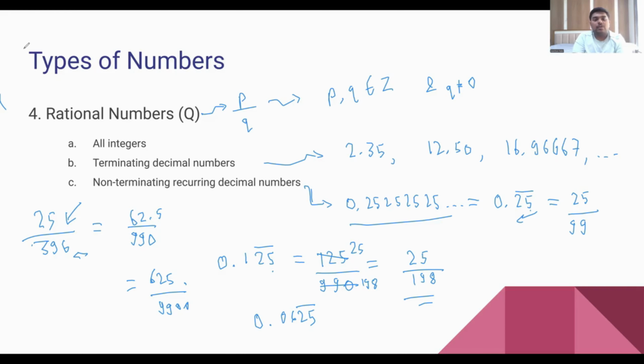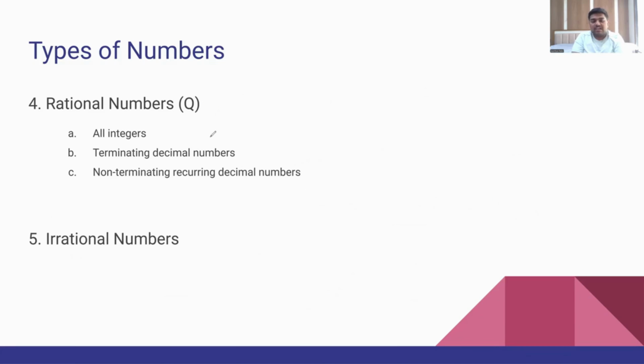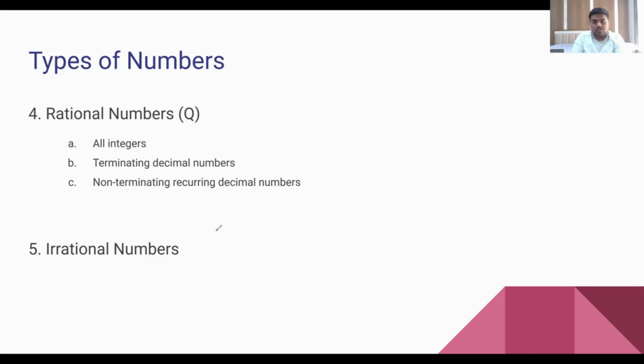Now let us look at the different types of numbers, which is the irrational numbers. Irrational numbers are the numbers which are not rational. For example, root 3, root 5, and root 25. Now out of these, which one are the irrational numbers?